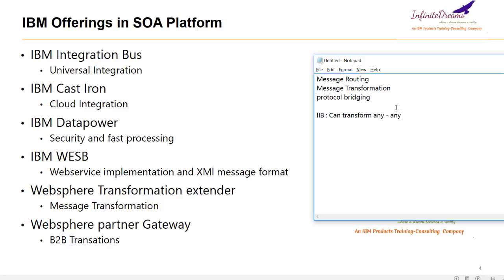Your source message format can be any, or your destination message format can be any. IAB can transform any to any message format, and it can transform any to any protocol. So that is the reason we call IAB a universal integrator. Then another tool is called IBM Cast Iron.